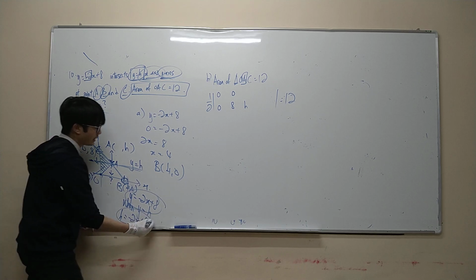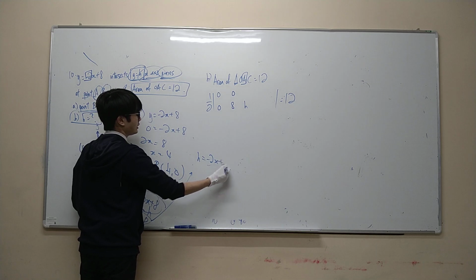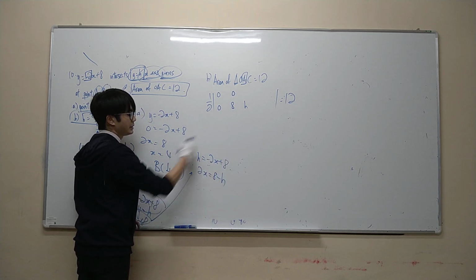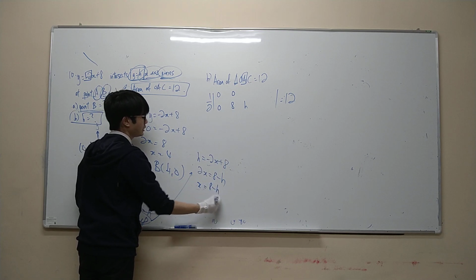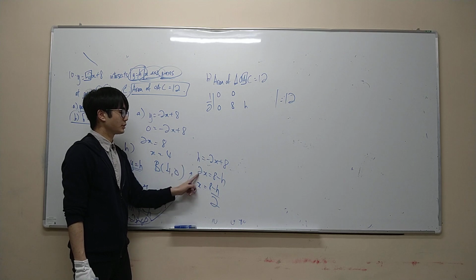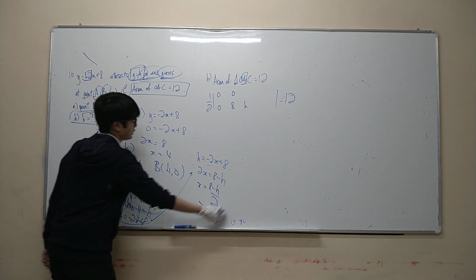And then from here you can find x. So 2x equals 8 minus h. So x equals (8 minus h) over 2. The negative 2 moves over to become positive 2, and the plus 8 moves over to become minus h. Alright? So this will be the x coordinate.